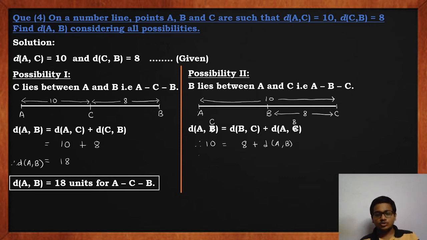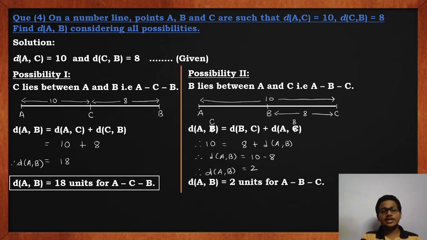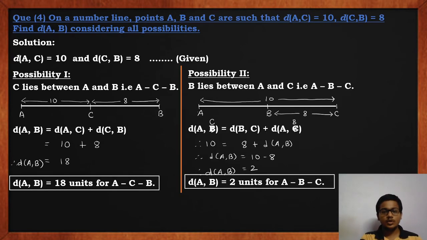Okay, so we'll shift distance AB to the left-hand side. That will be equal to 10 minus 8, that is equal to 2. So therefore distance AB equal to 2 units. So we'll write distance AB equal to 2 units for this possibility, that is A-B-C, and make a box. So you can pause the video and note this sum down.